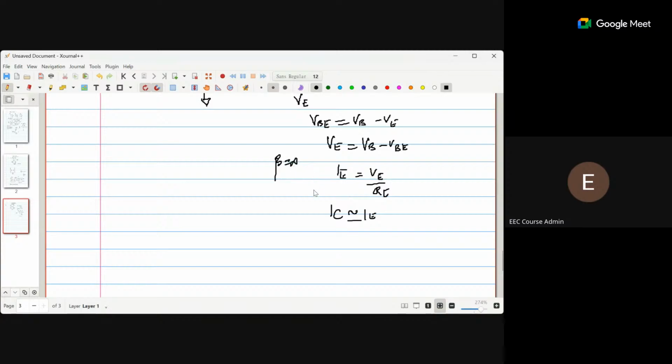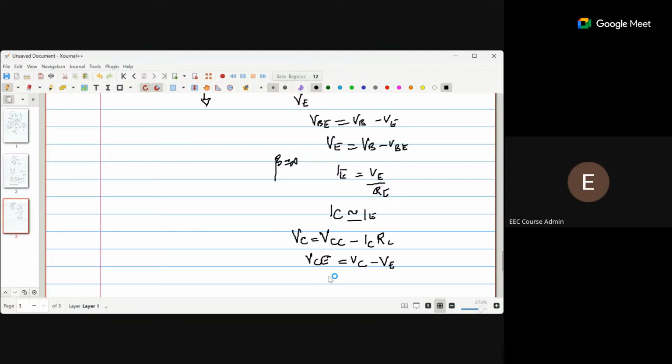All those things we have found out. Once we have found IC, you know the drop across RC, ICRC. That is subtracted from VCC. So VCC minus ICRC will give you the collector voltage VC, and VCE will be VC minus VE. So these were the things that we were doing.